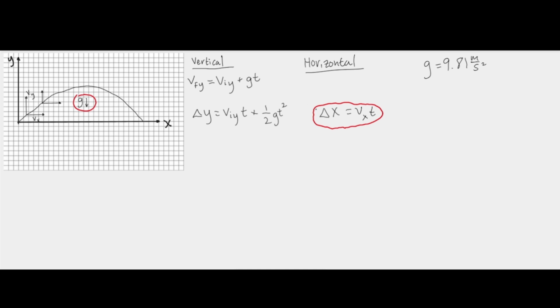We can use just this horizontal component to solve for time, and then use that time. This t remains the same whether you're working horizontally or vertically. The time is shared. It's the same. I don't have some t1 and t2 over here. This t is the same. So we'll exploit that fact when we're solving problems.